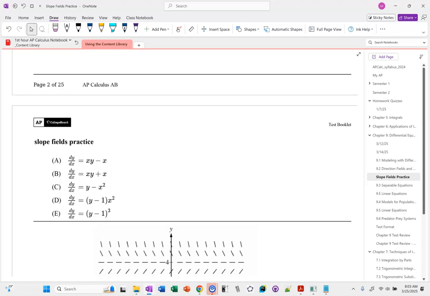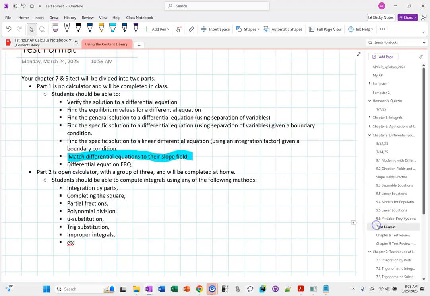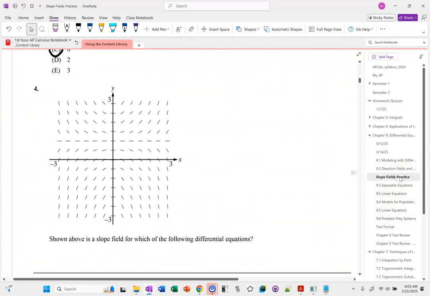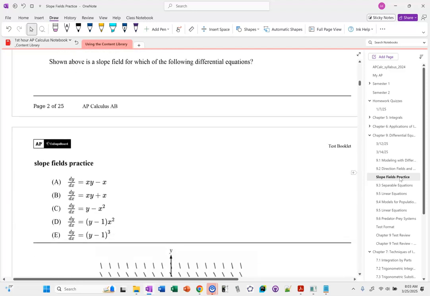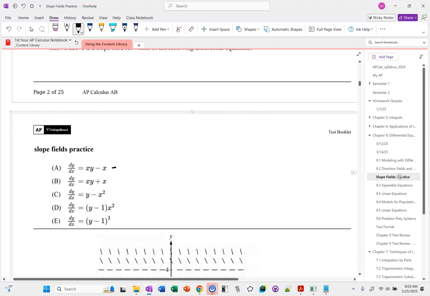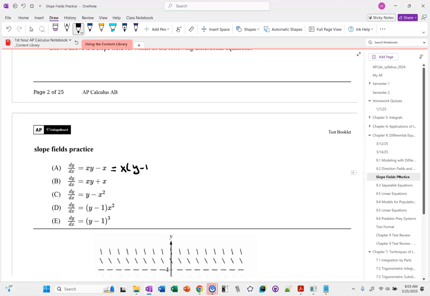So what I would do first is I would identify the stationary points, or nope, that's not what they're called. What are we to call these things again? Equilibrium values, that's what they're called. So I'm going to identify the equilibrium values for each of these. So basically, I'm just going to factor these things and set them equal to 0.